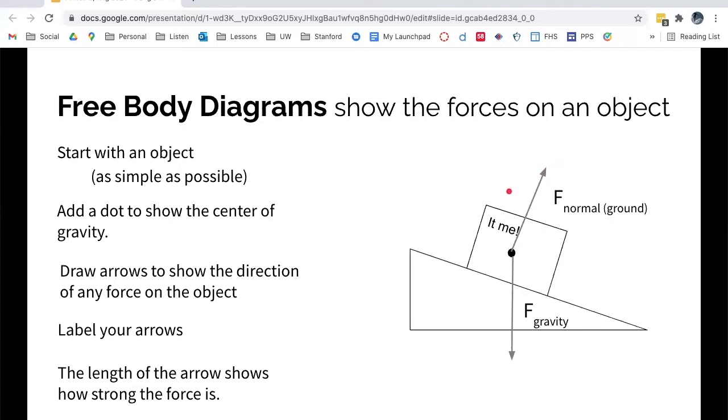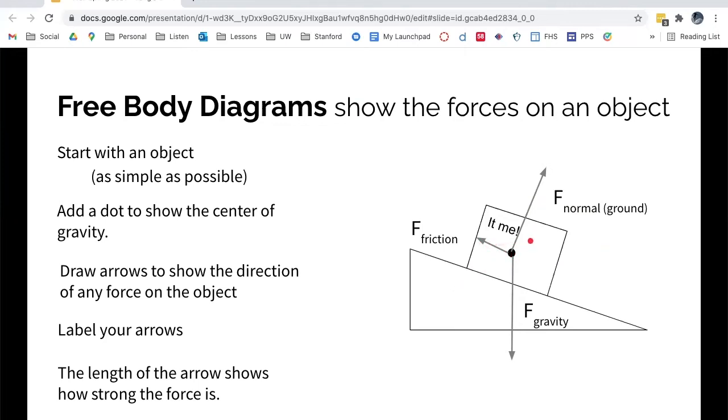But now there's another force that's applying to me. Now there's a little bit of friction between me and the scale, or between the scale and the ground. They're all connected, right? But I'm just focused on the forces on me. So I didn't draw the scale. I didn't draw, well, I guess I drew the ground, but there's a little bit of friction pushing me back up.